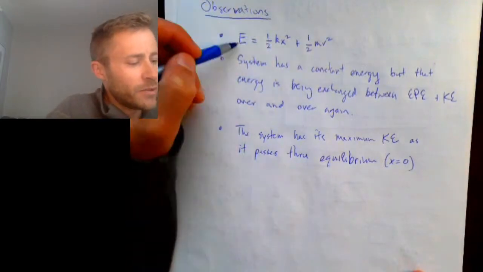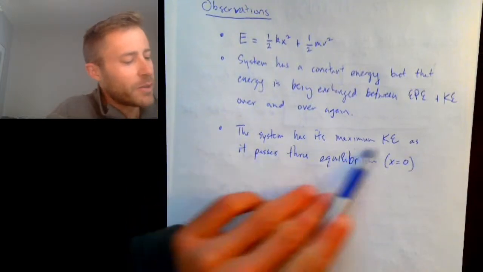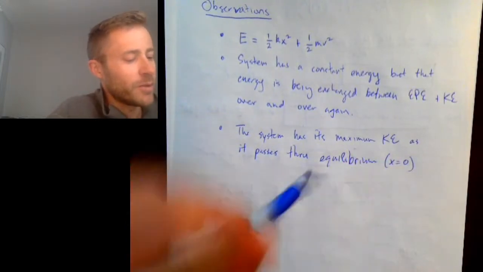So what that means is that it has this maximum kinetic energy as it passes through equilibrium.